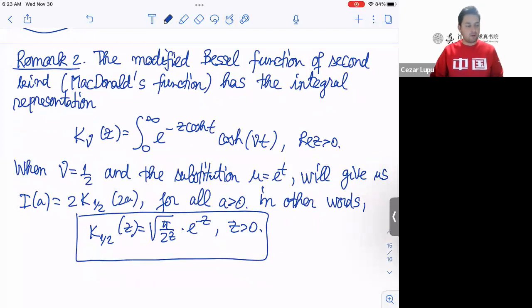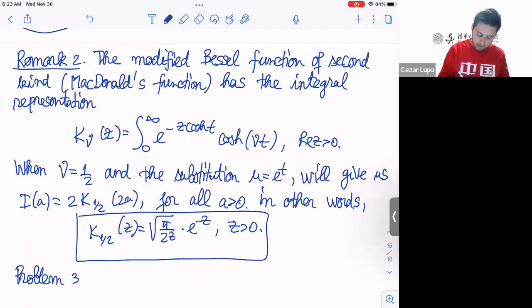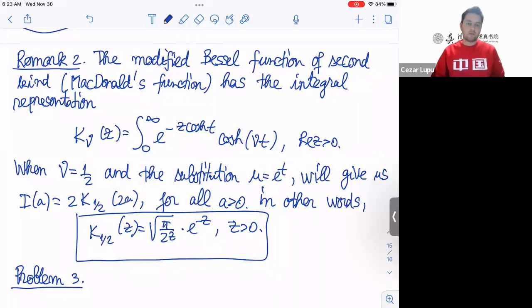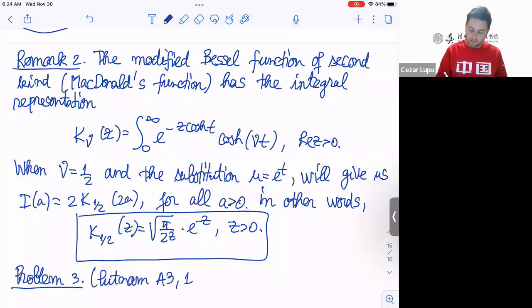Now I would like to do another problem. So problem number 3, which is again a Putnam problem, and we would like to use the same trick. I think it was Putnam A3, 1982.